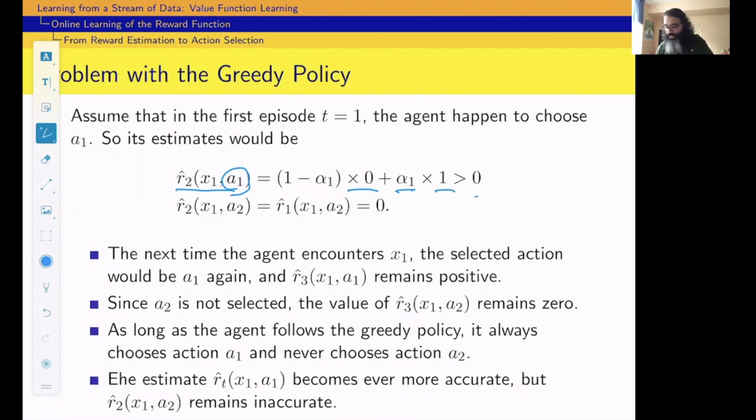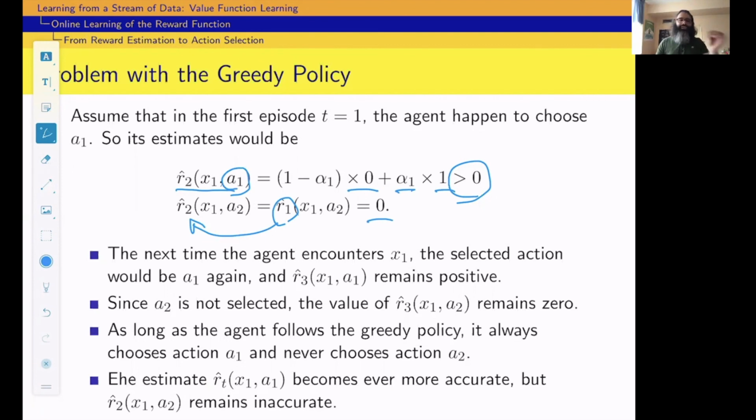So this is going to be a positive number. But what about action 2? For action 2, we don't change the value. We basically copy the value of R hat 1 to R hat 2, and the value was 0, so it stays 0.